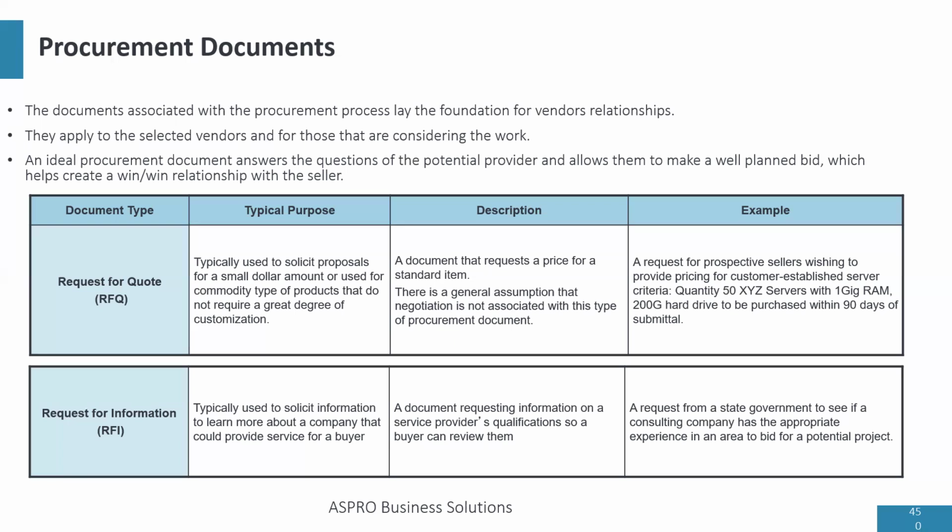So request for information is actually just asking a company, look, we're trying to do this project. Can you give us some details on how to go about it? That's what request for information is. Now, if they give you information, what's the guarantee that you're going to give them the job? So sometimes when it comes to request for information, it might not be honored, right?